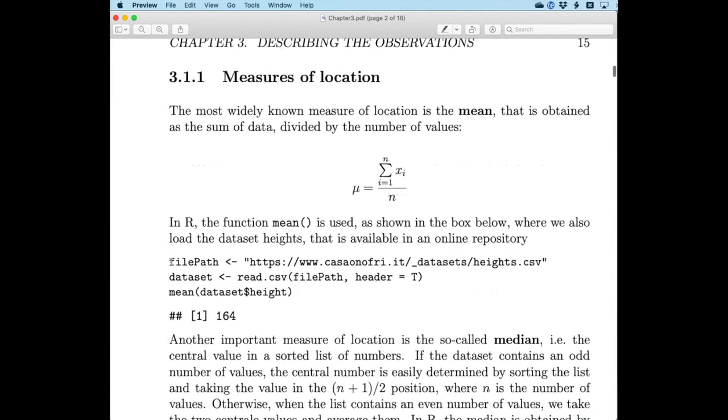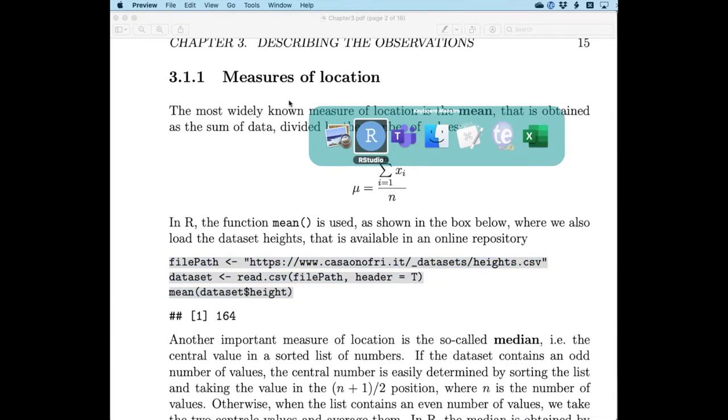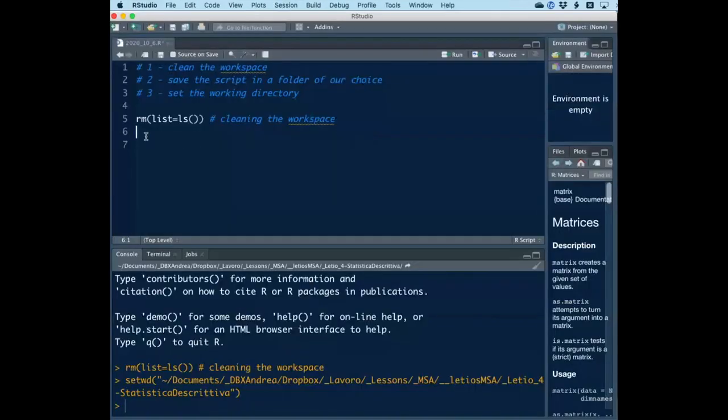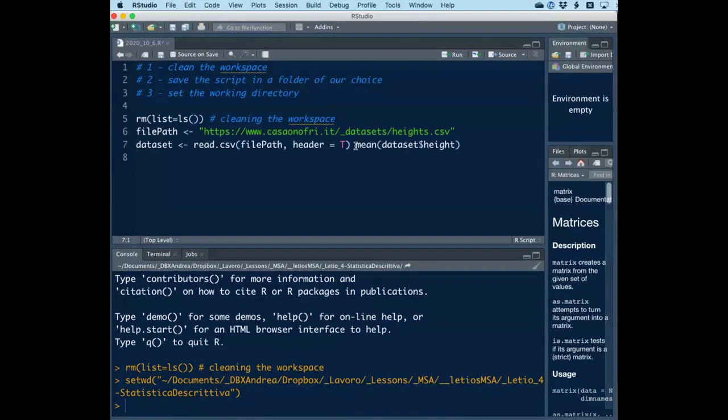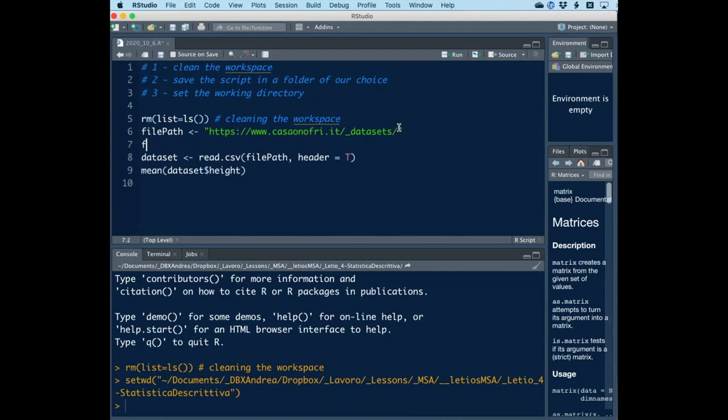So let's do one thing. We will use some data I have in an external repository. So what I'm doing here is writing the name of the repository. It is on an online repository. We could do something like this, which is handier. I show you.